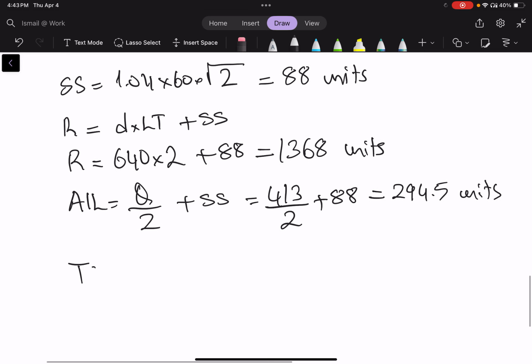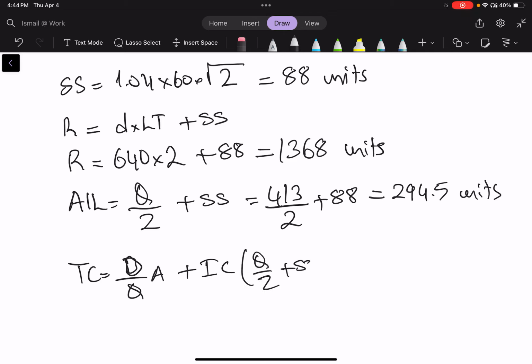And let's do the total cost as well. I'm going to calculate the total cost per week, just because my demand and inventory holding rates are already in per weeks, right? This is D over Q multiplied by A, plus I times C times Q over 2 plus safety stock.